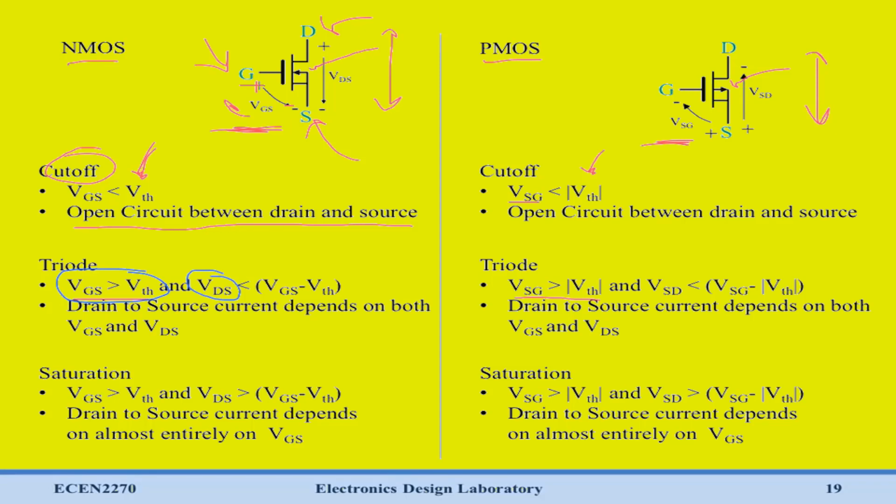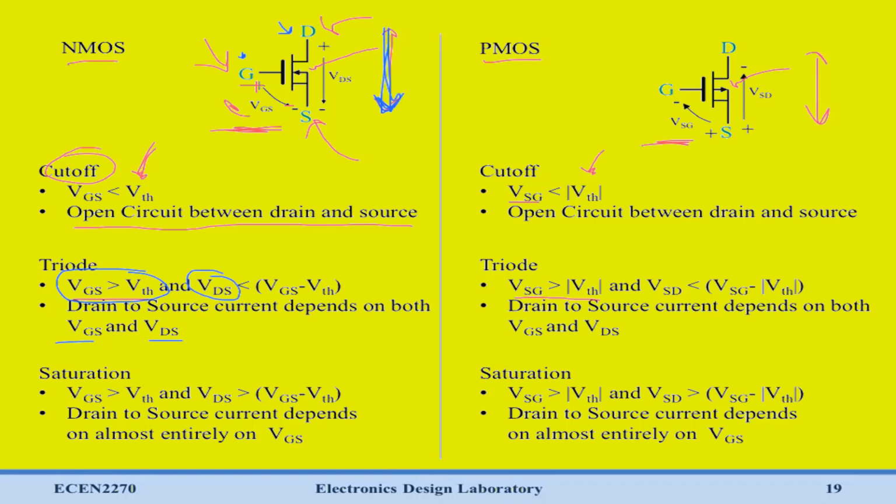We operate here, the current from drain to source is going to vary depending on both VGS and on VDS. So depending on what voltage our drain is at and what voltage our gate is at, we're going to have different currents coming through the device.